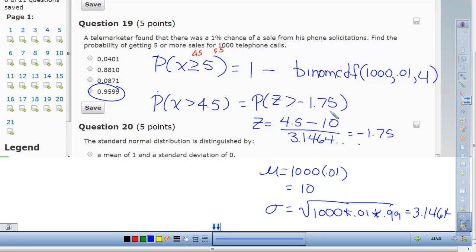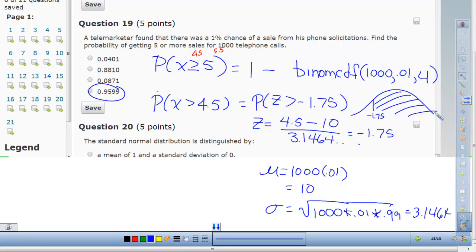My lower bound this time is what? Negative 1.75 is here. You might need to draw it out. We want to go greater, so the lower bound is negative 1.75.